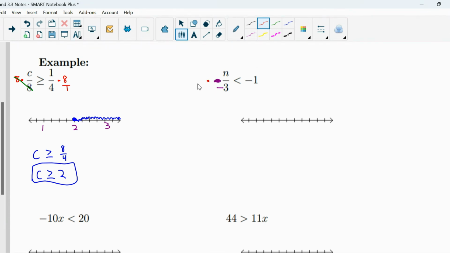So to undo our division, we must multiply. So we can multiply both sides by negative 3. Okay? Our negative 3 and our negative 3 will cancel, leaving us with n is less than, well, hold up one second. Negative 1 times negative 3 gives us positive 3.